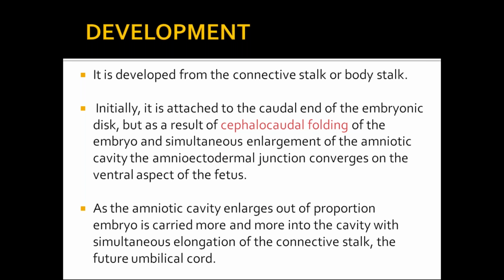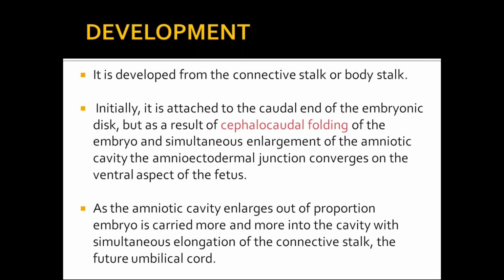See from where this cord is developed. It is developed from the connective tissue of the body stalk. Initially, it is attached to the caudal end of the embryonic disc, but as a result of cephalocaudal folding of the embryo and simultaneous enlargement of the amniotic cavity, the amnio-ectodermal junction converges on the ventral aspect of the fetus.